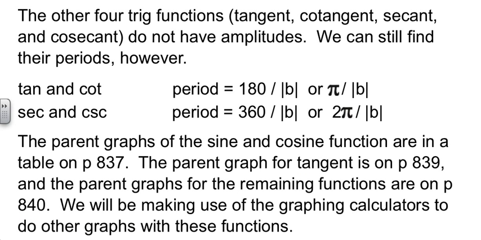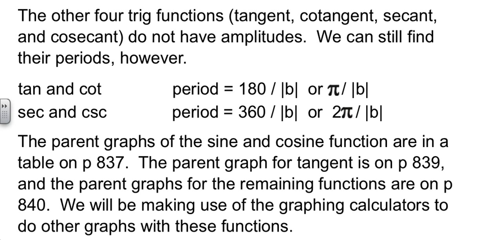The other 4 trig functions, remember we've talked about 6 here: sine, cosine, tangent, cotangent, secant, and cosecant. Sine and cosine have amplitudes, the other ones don't. So if they ask you to state the amplitude of the cotangent function, it doesn't exist. It's no solution. There's no such animal.